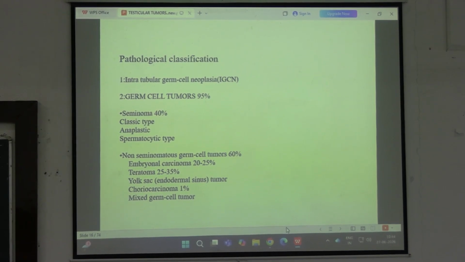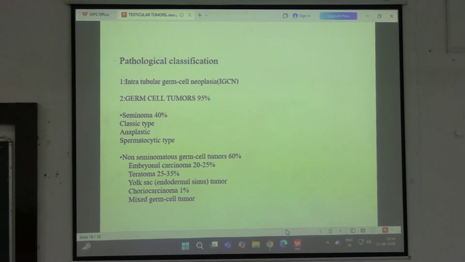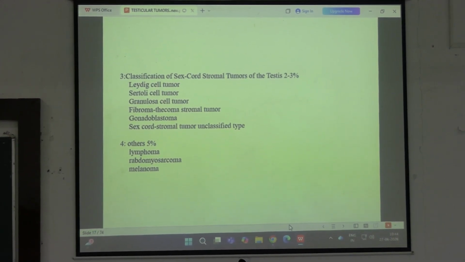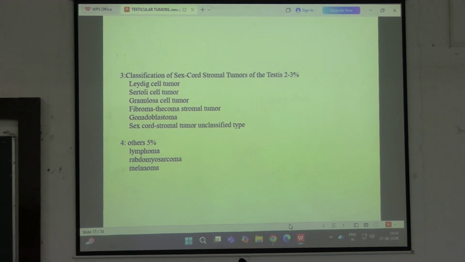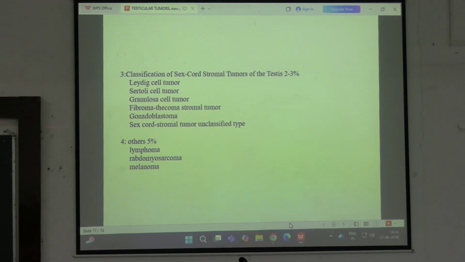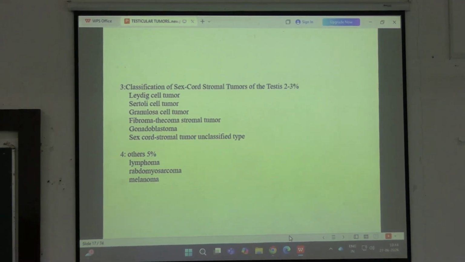I will ask you again at the end of the class, you better remember. Okay, have a look at the sex cord stromal tumors. This fibroma is very commonly present where? Do you know? You will come across this fibroma thecoma in ovary.